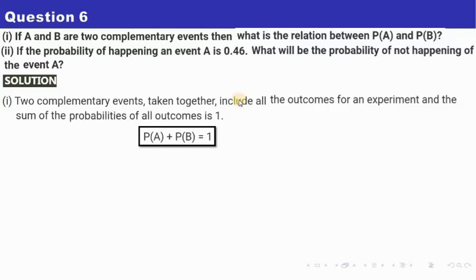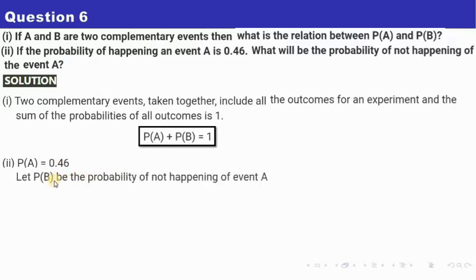So the probability of event A happening is given to be 0.46. Let P of B represent the probability of event A not happening. Since A and B are complementary to each other, the sum of them is going to be 1. We want to find P of B, the probability of event A not happening.